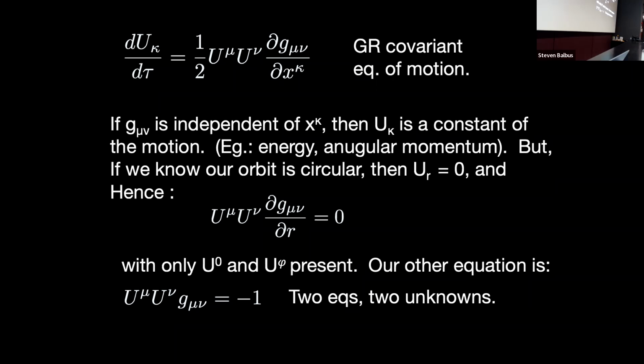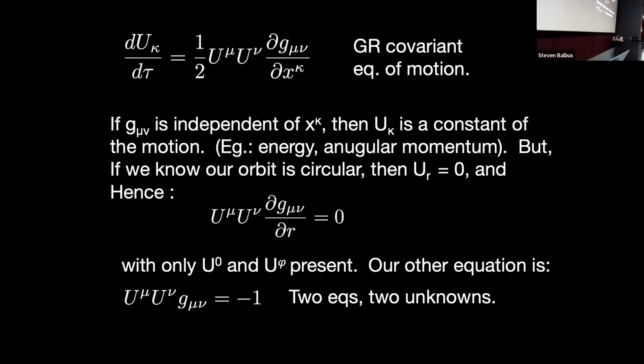So if you take d by d tau of u kappa, what you find is that it's proportional to the derivative of the g mu nu with respect to x kappa. And notice this is the covariant form. I'm not going to prove it, I'm just going to tell you. Textbooks don't do it this way, but it's a good way to do it. And then you see immediately, if there's no dependence on x kappa in the g mu nu, then u kappa must be a constant of the motion.